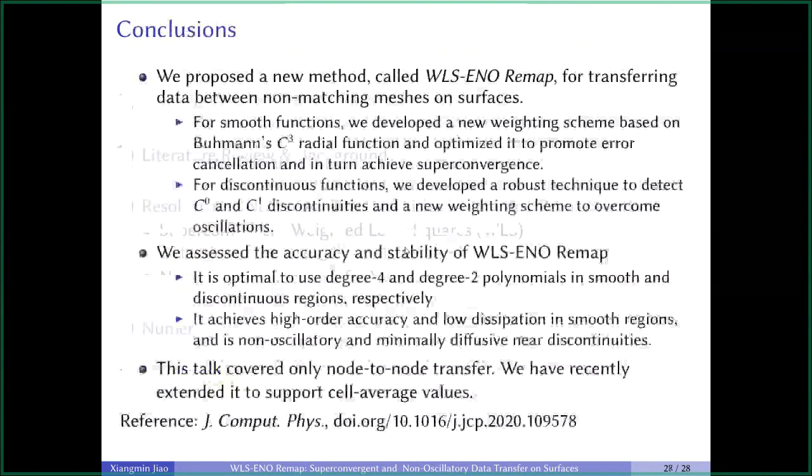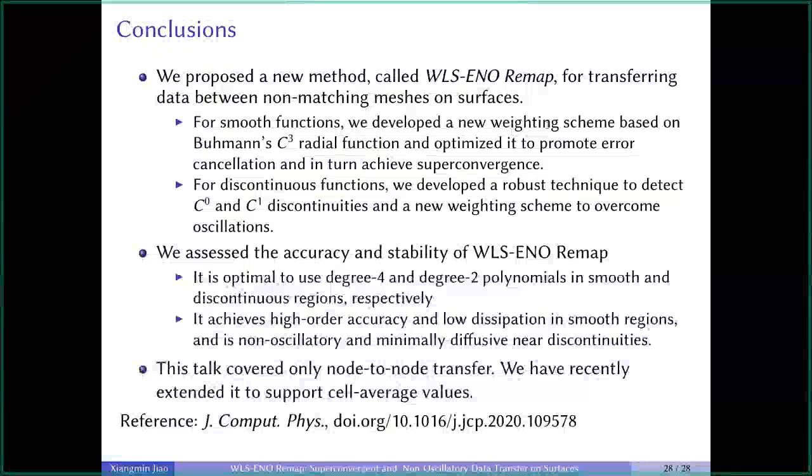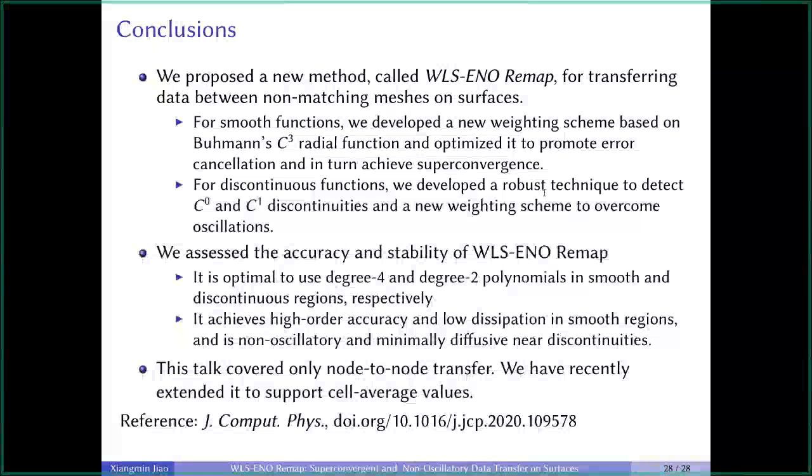So in conclusion, we developed a new method called WS-ENO remap for transferring data between non-matching meshes. We developed new weighting schemes for smooth functions to achieve superconvergence, and new techniques to detect discontinuities and to overcome oscillations near discontinuities.